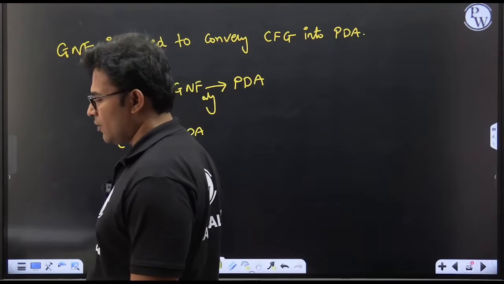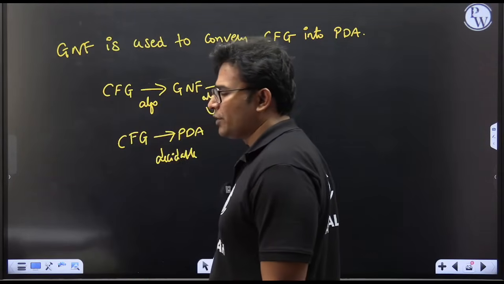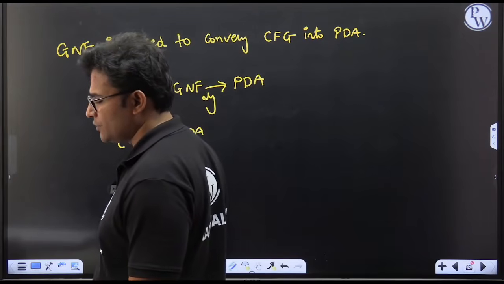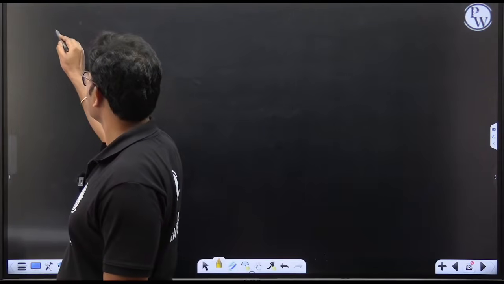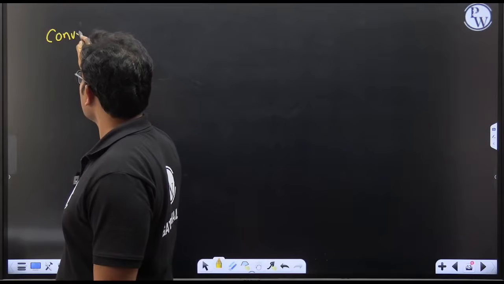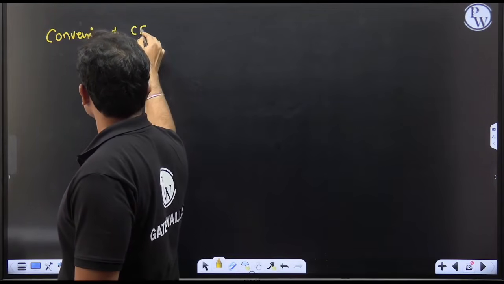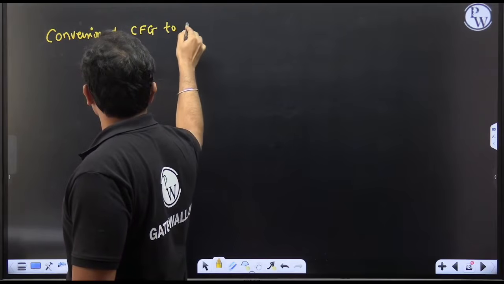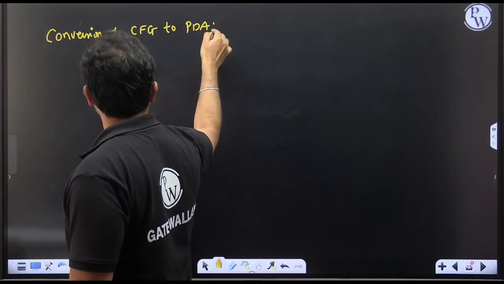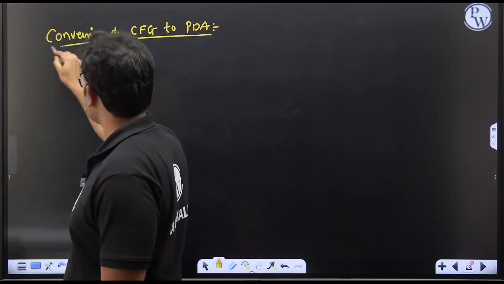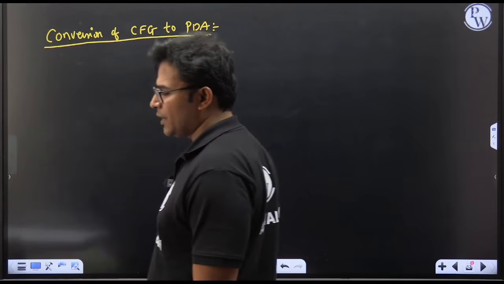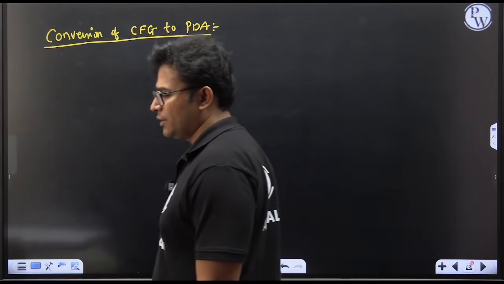Now let's see one example of how to convert CFG to PDA. Conversion of context-free grammar to pushdown automata.